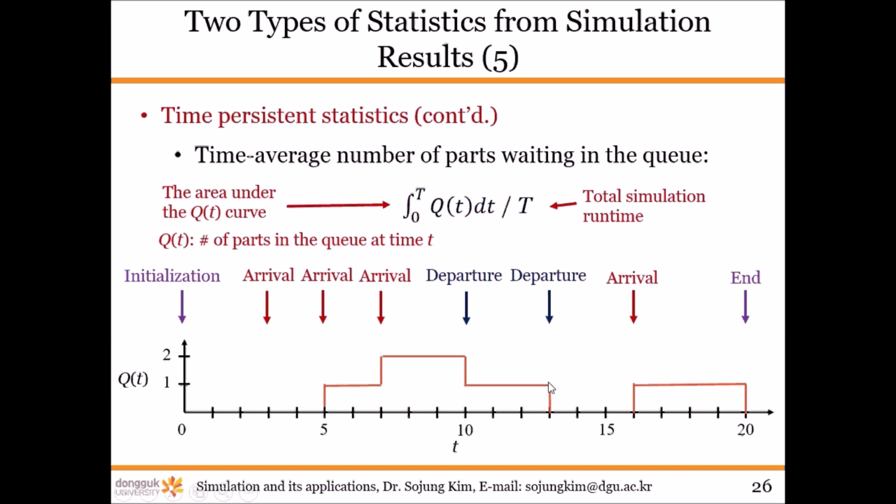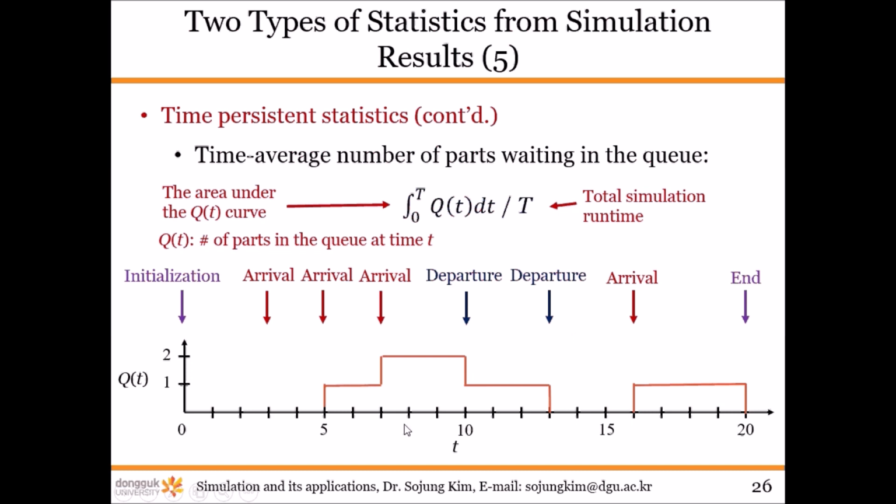And then another departure event happened at time 13, so now we don't have any entities in the queue. However, there is another arrival before the third entity left, so entity 4, or part 4, will stay in the queue.